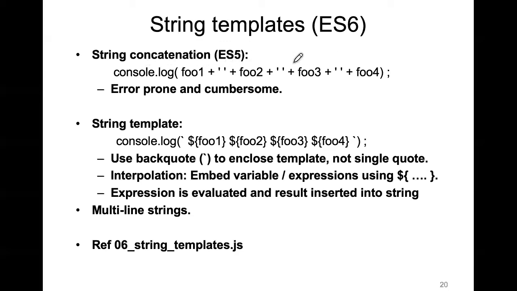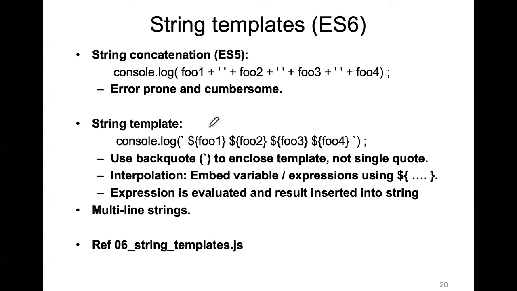And really writing this kind of code is very error prone, because if you leave out one of the quotes, it can't be interpreted properly. So it's quite buggy kind of code to write. And because of that, and also because other languages have something called string templates, in ES6 JavaScript introduced string templates.